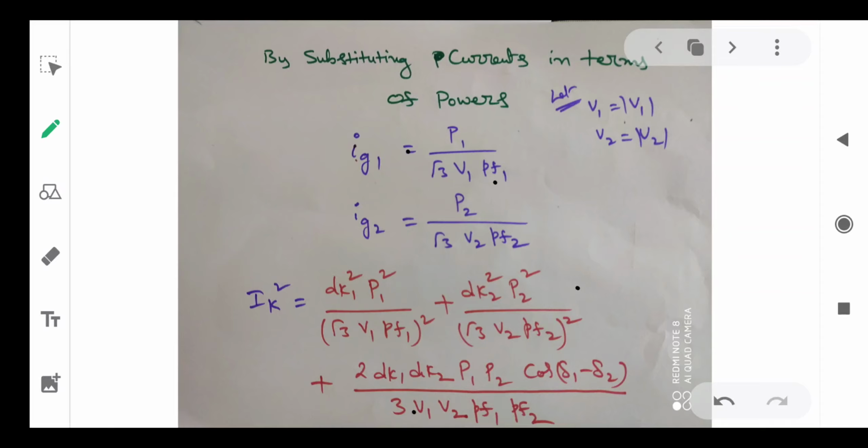So you got the expression in terms of P1 square, P2 square and the P1 P2 product.